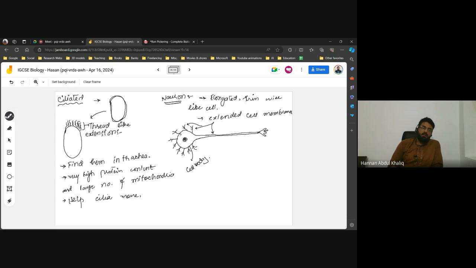And on the inside, there is cytoplasm that you can find. Like if the blue represents the cytoplasm, then you would find the cytoplasm all along the extensions. The cytoplasm is moving along the extension from the inside.